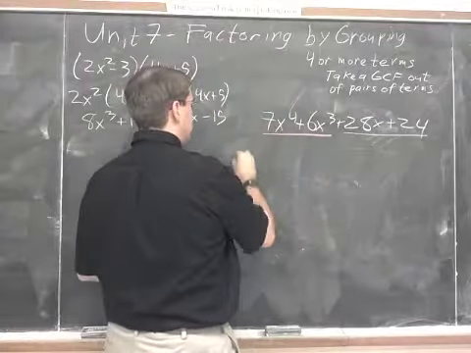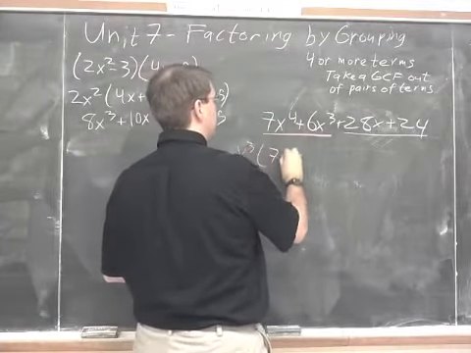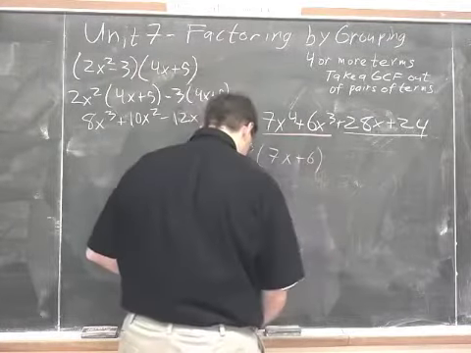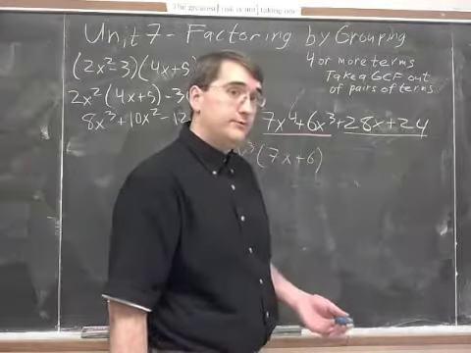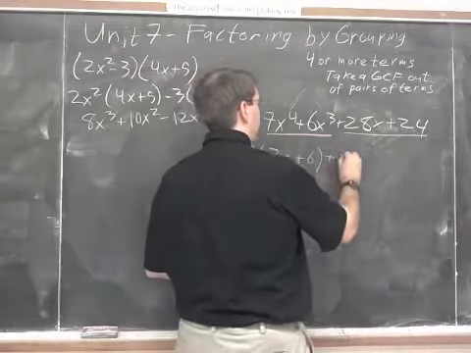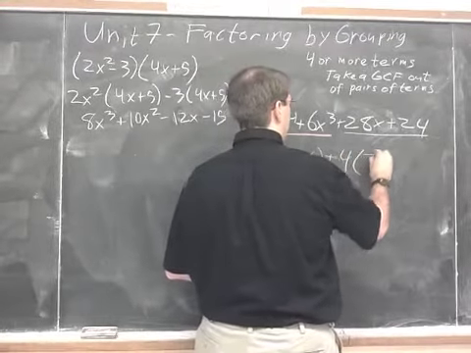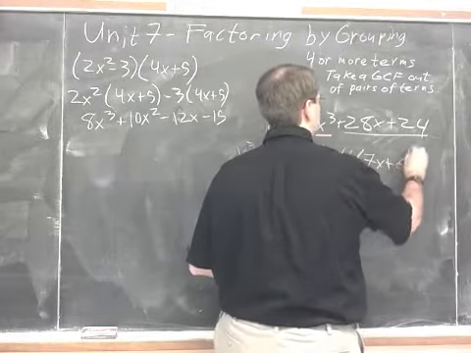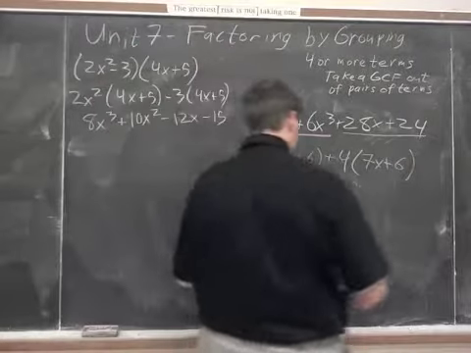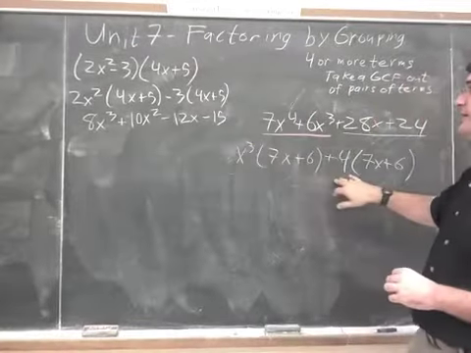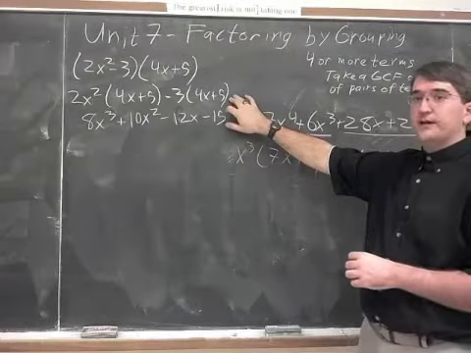So I can take an x to the third out of them. I have 7x plus 6 left. And then 28x plus 24, maybe you've already noticed, but we can take a 4 out of them, and we're left with 7x plus 6. Great. This is kind of what we were looking for. This is important to us, because now we have a situation that looks a lot like what we had up here.